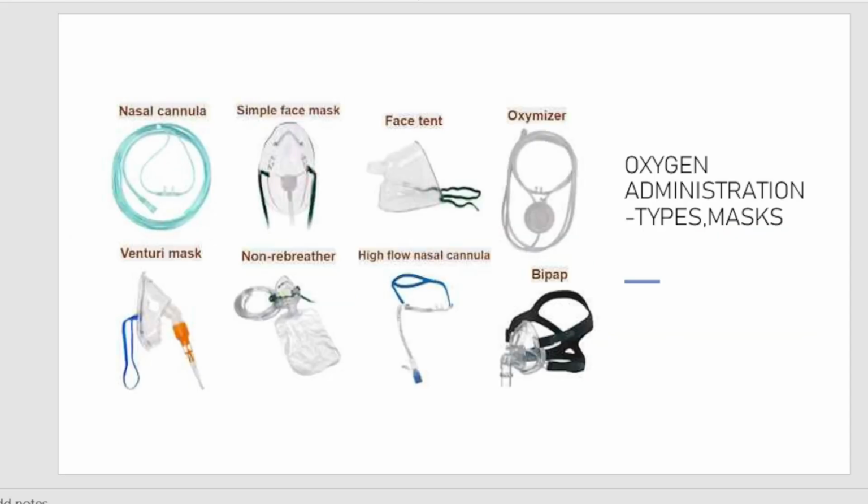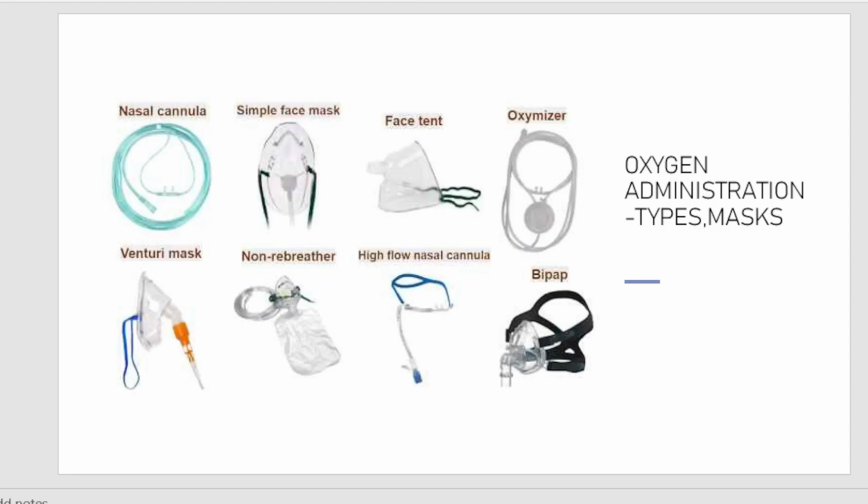And next topic is oxygen administration types, masks. What are the masks we have to use while administering oxygen? So many types are there. In this, low flow oxygen masks include the simple face mask, partial rebreather mask, and non-rebreather mask. While knowing the mask, we have to know the flow rate.